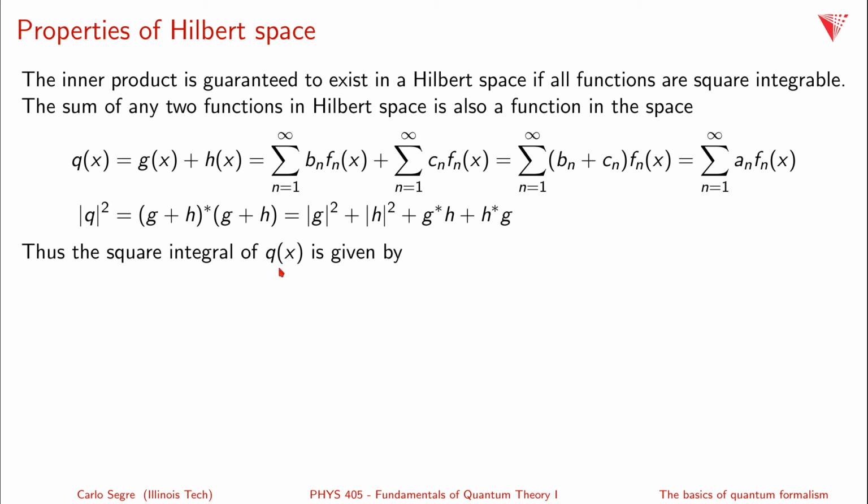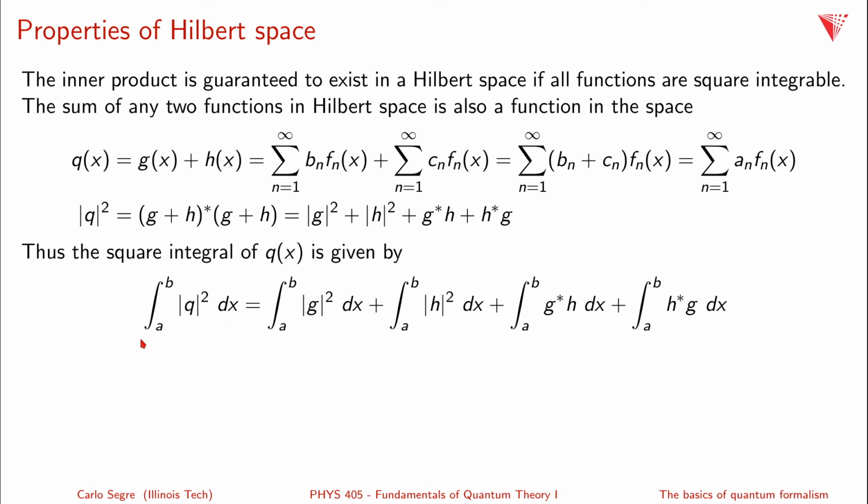So you can take the square integral. If you take the square integral of q of x, then you can write it like this. The integral from a to b of the modulus squared of q dx is equal to the integral of modulus squared of g dx plus the integral of modulus squared of h dx plus these cross products, the integral of g star h dx plus the integral of h star g dx.